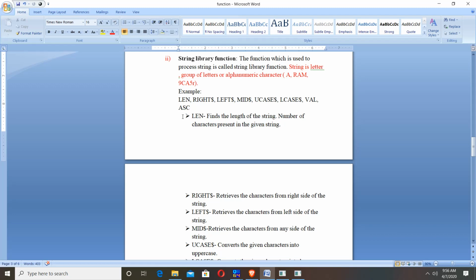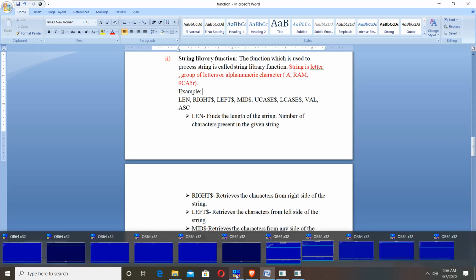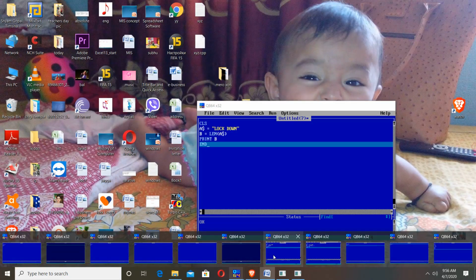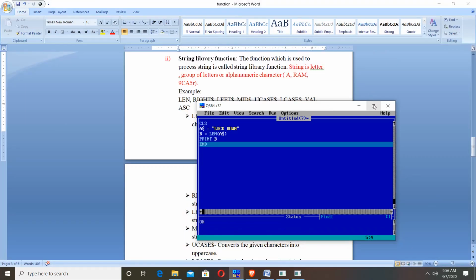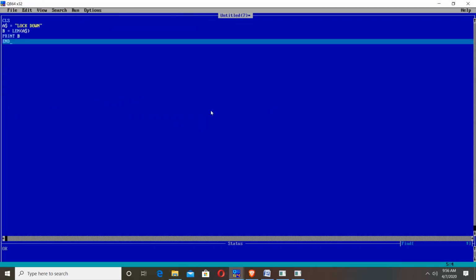That means how will they work? Let's check them out. Okay, and we'll start with the LEN function.